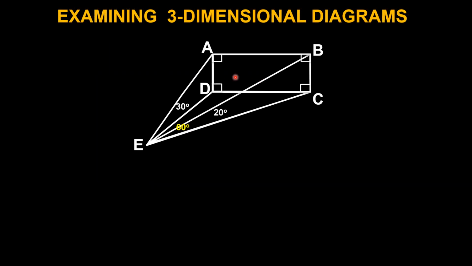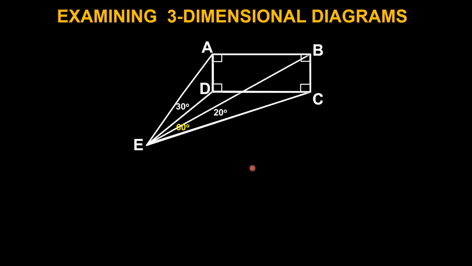Let's consider another situation. Here we have a rectangle ABCD, which could represent a vertical wall. We have a point E, which is on the horizontal plane, and EDC lies in the same horizontal plane. So we have EB that can be joined, and EA that can be joined. As you can see, there seem to be quite a number of triangles here.